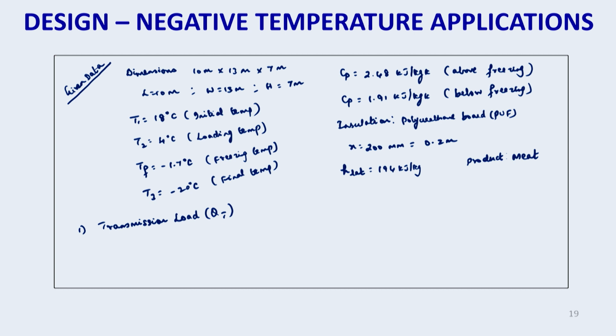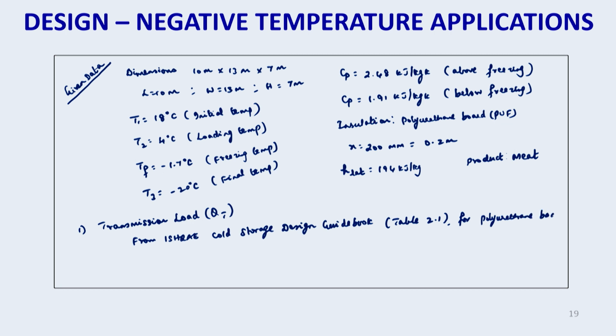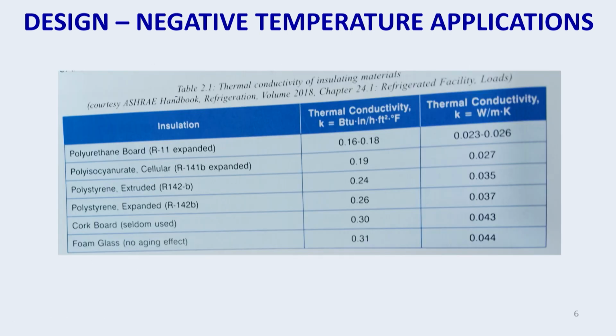As usual, the first step is to take the value of thermal conductivity from the table, from the ISHRAE cold storage design handbook, a guidebook. Table number 2.1 for polyurethane board.